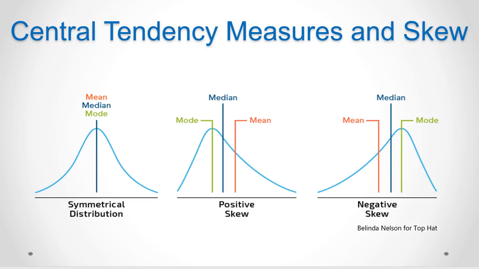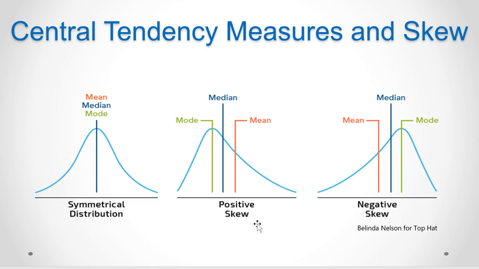So what you notice here, in a symmetric distribution, the mean is equal to the median is equal to the mode. In a positive skew, right here, the mean is larger because it's to the right of the median. So what that means is that the mean is larger than the median.